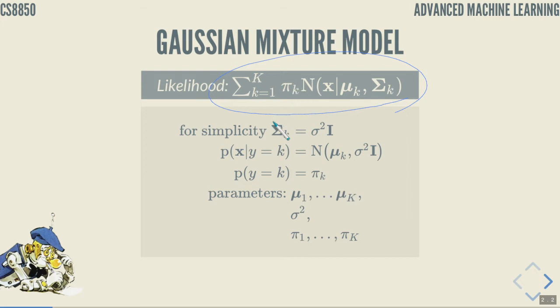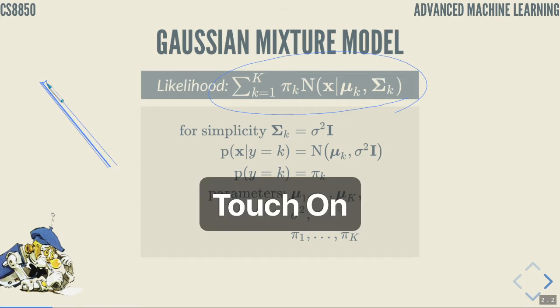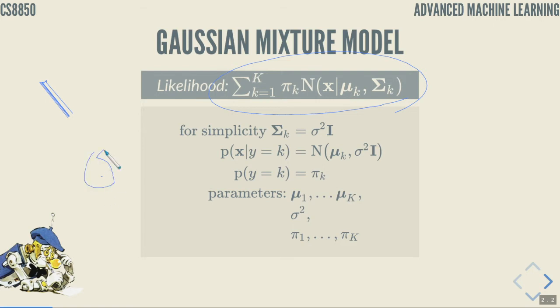Those pi sub k are the prior probabilities of each of those Gaussians. Because this likelihood is a probability distribution, it has to sum to 1, so those pi sub k's also need to sum to 1. I don't know if I said it somewhere, but you remember.